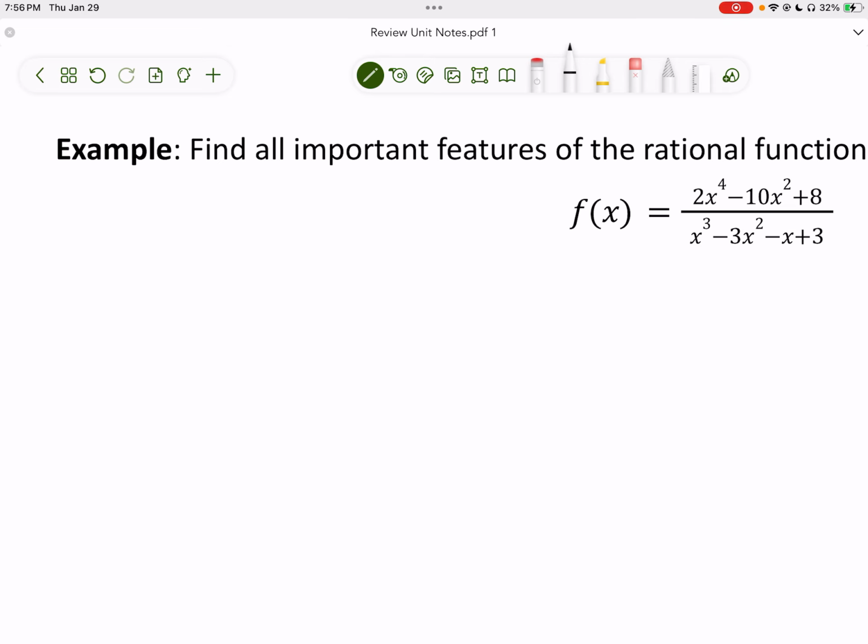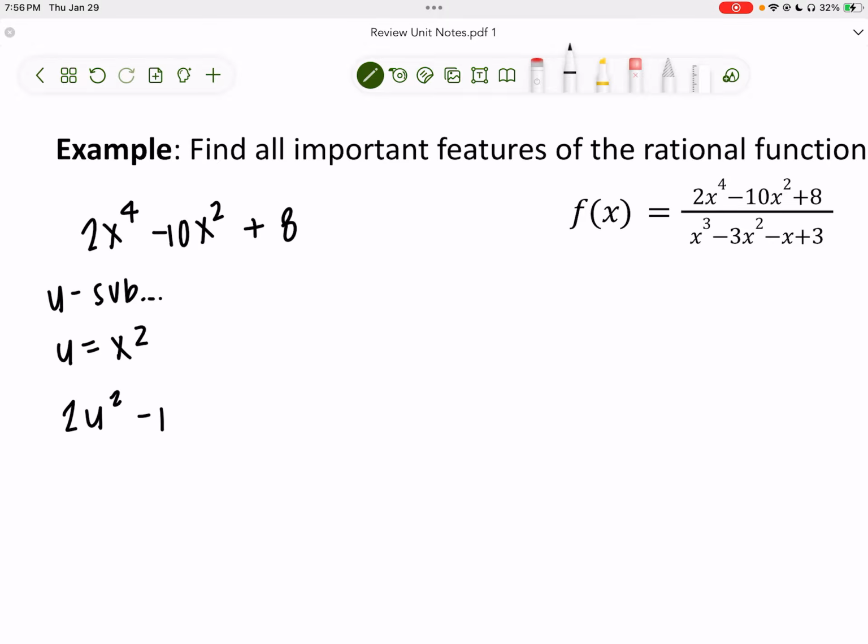So step one, I am going to go ahead and factor the numerator and then factor the denominator. I have 2x to the fourth minus 10x squared plus 8. This is a power 4, so I'm going to use u substitution again. I'm going to say u equals x squared. Now I have 2u squared minus 10u plus 8.